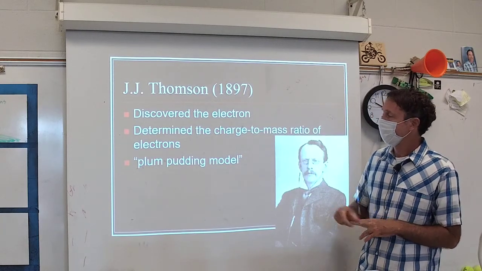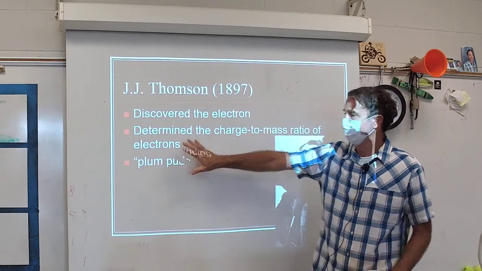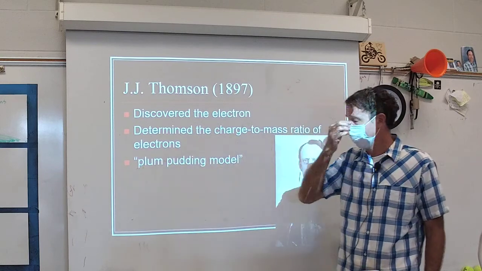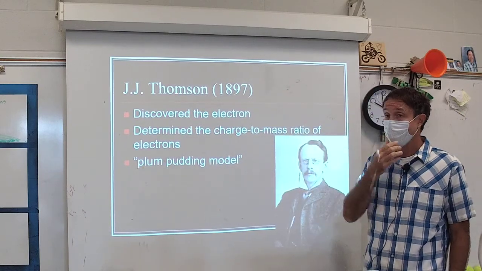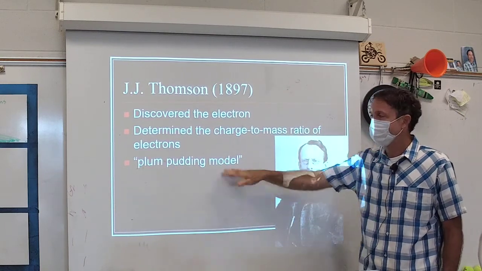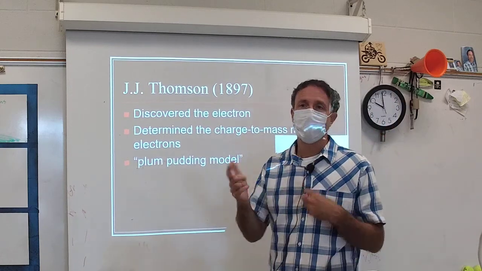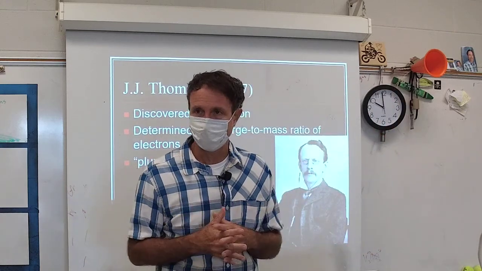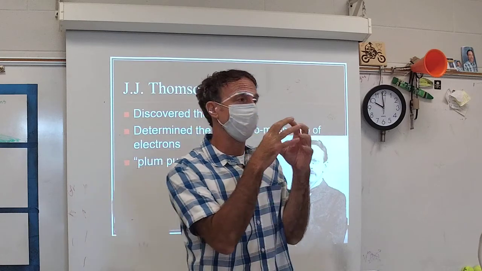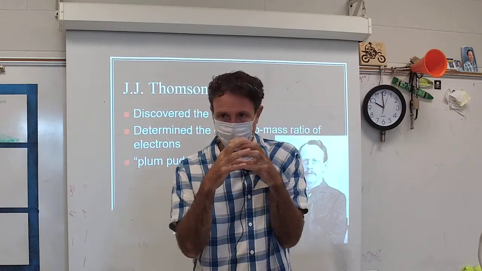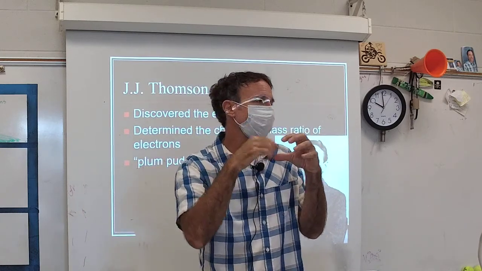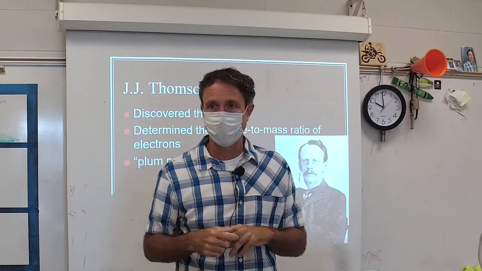And he knew that electrons were very, very light, the charge to mass ratio. But his model of the atom, he called the plum pudding model. Now, what you and I would call it today would be like a chocolate chip cookie model. He said you have an atom, and there are these little negative charges placed in there, like plums in a pudding.